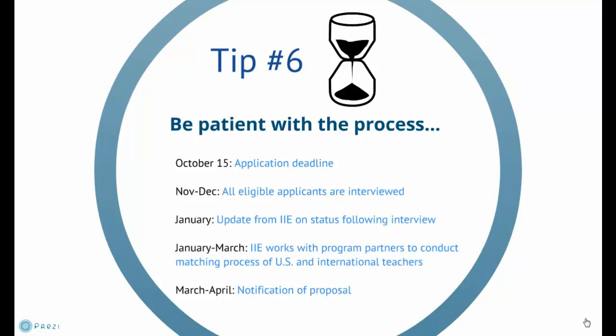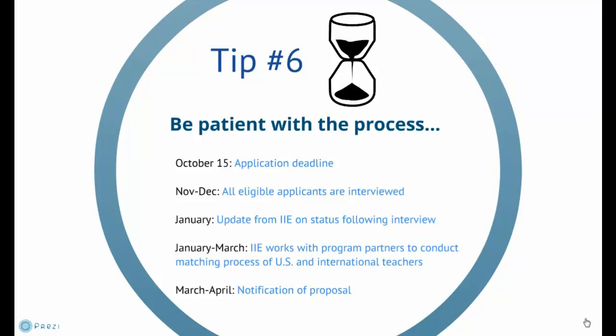The process to confirm the best suitable match between a U.S. and an international teacher involves many, many factors, including the profile of the school, the teaching subjects, levels and ages of students, demographics, and the professional compatibility between proposed schools and teachers. And then finally, in late March to mid-April, recommended U.S. teachers will be notified if they have been proposed for a match with an international teacher.